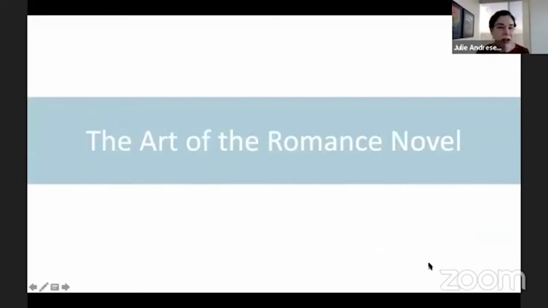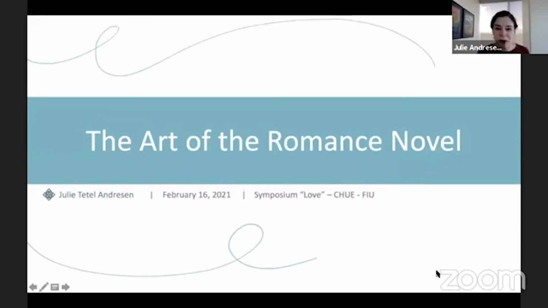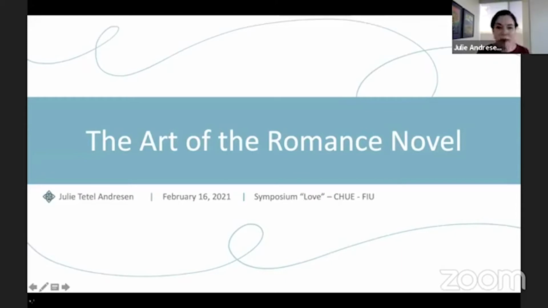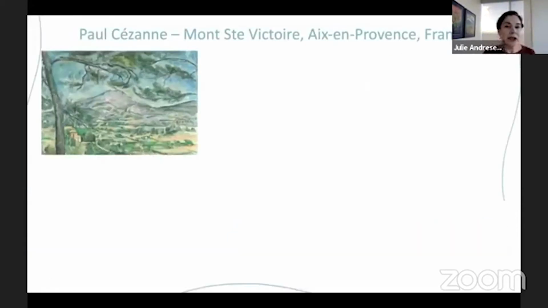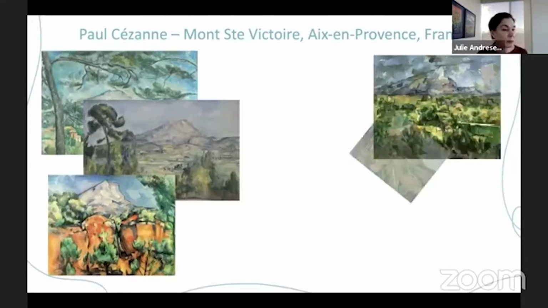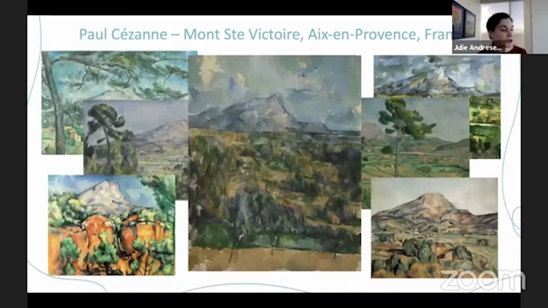Julie? All right. So as a romance writer, I have long been inspired by the French Impressionist painter Paul Cezanne. He created a series of paintings of a particular mountain outside Aix-en-Provence, Mont Saint-Victoire. He'd painted at 8:15 in the morning from this angle, and then 3:45 in the afternoon from another angle.